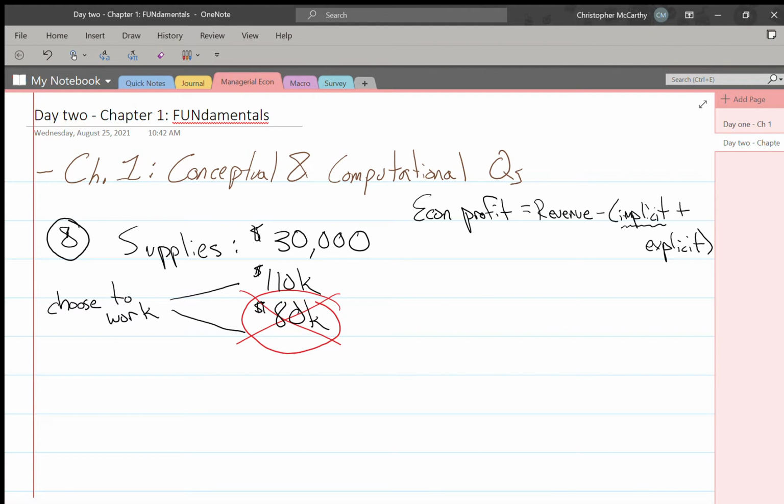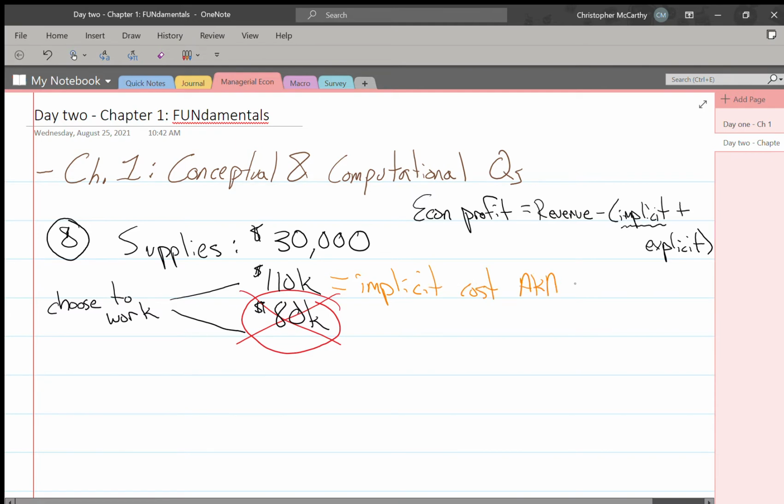She can't take the $110,000 job and also take the $80,000 job at the same time, right? So whichever one is the best, and in this case more money is better, the higher income is going to be the best. So this is going to be her implicit cost, aka the opportunity cost. And so we've got one half of the equation.